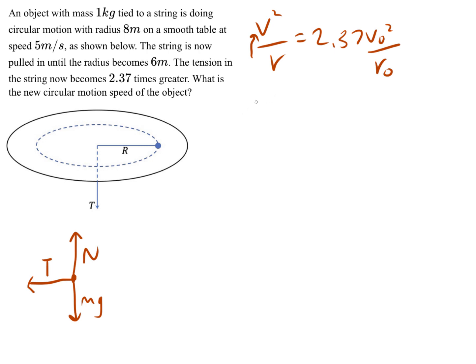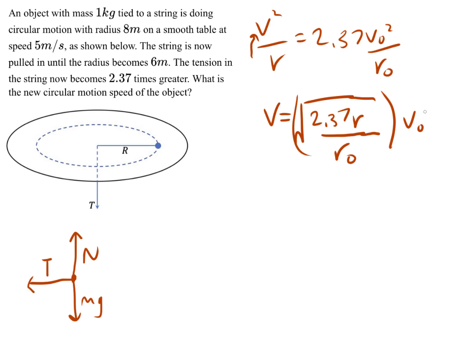So we get the final expression that the new circular velocity is equal to the square root of 2.37 times the final radius divided by the initial radius, times the initial velocity. Now this initial velocity just gets square rooted, so it can get moved out.